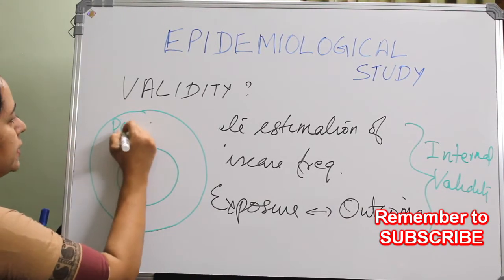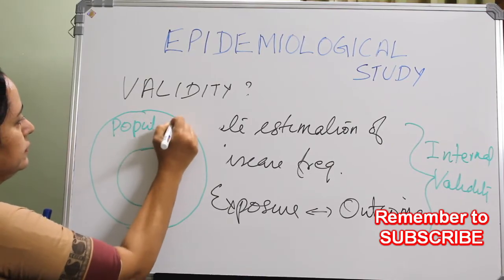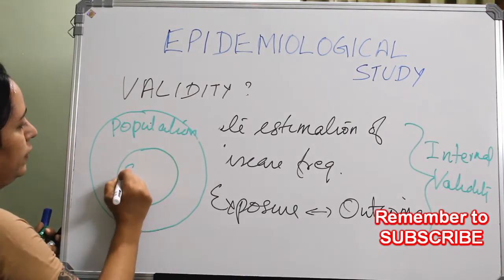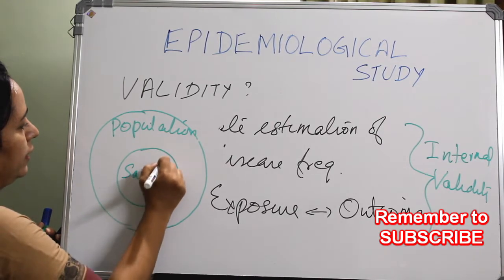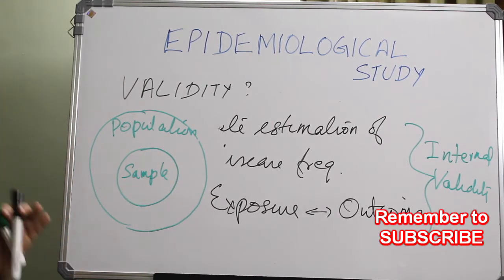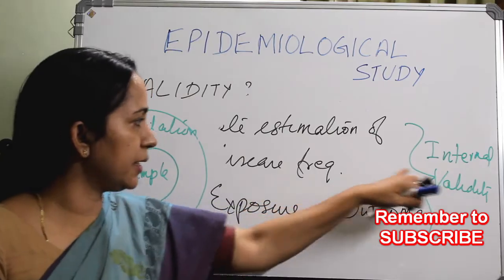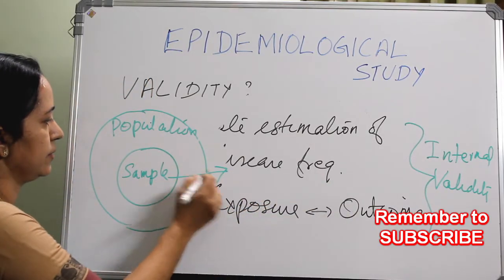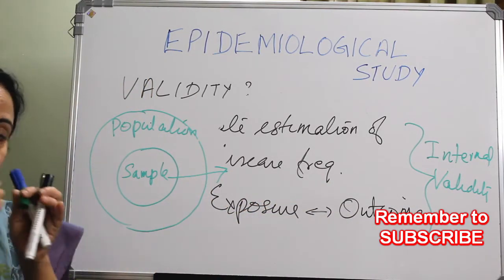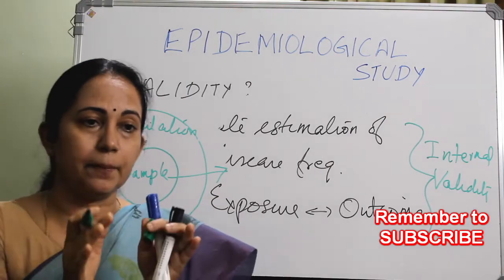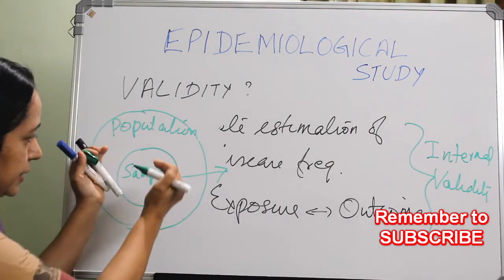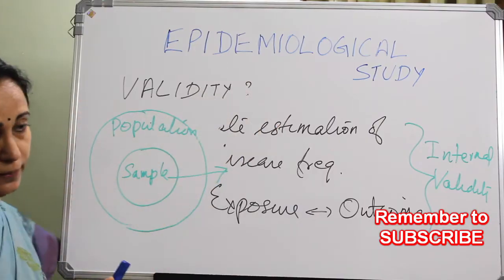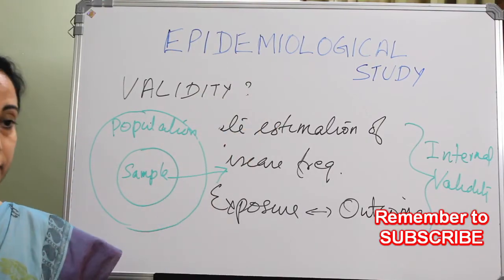So from a big population, we conduct the study on a predefined sample. This internal validity is for this sample, and if it is correct, we have to generalize this sample to the whole population, to the external world.